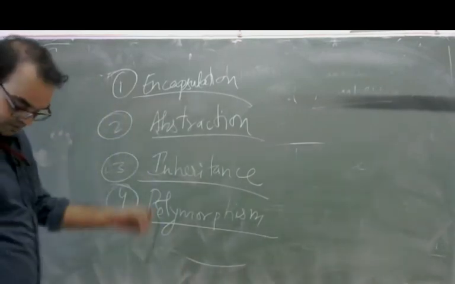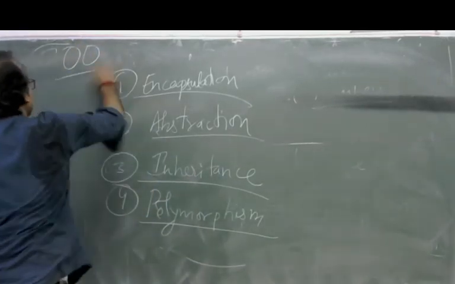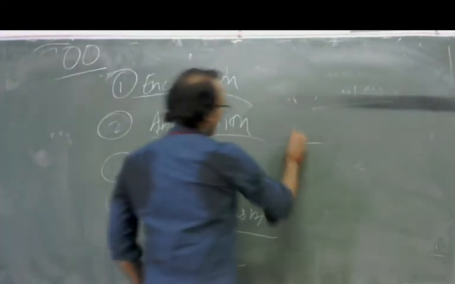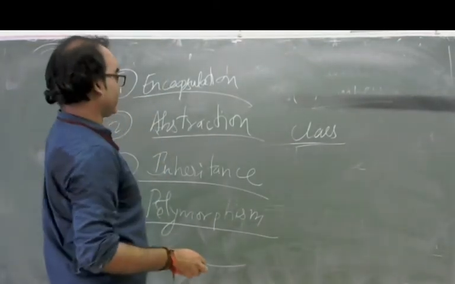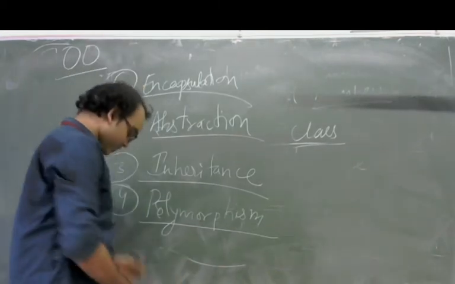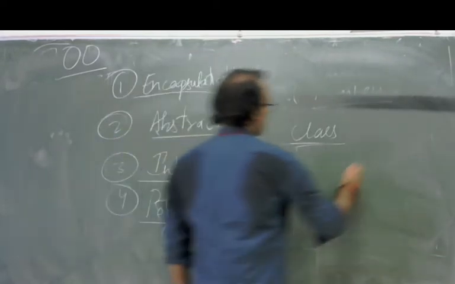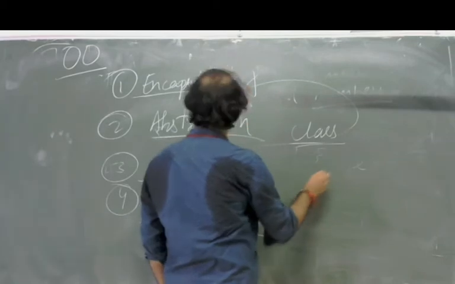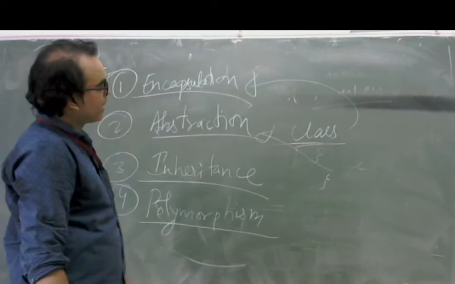Okay, now let's understand this. These object-oriented principles are by default used in our class model in Java. Whenever you write the class keyword, you are defining a template, and when you are defining this template, you are already using the encapsulation property. When you are defining some attributes, you are already working with inheritance.